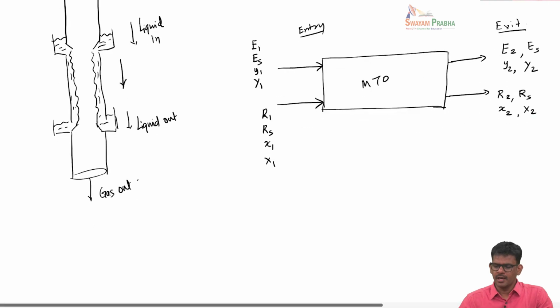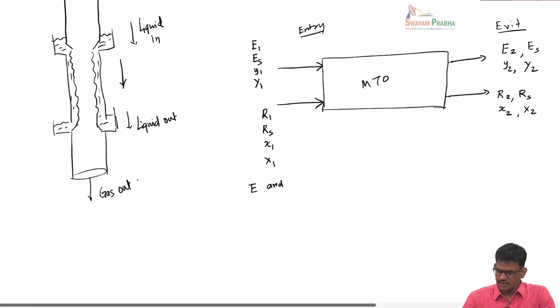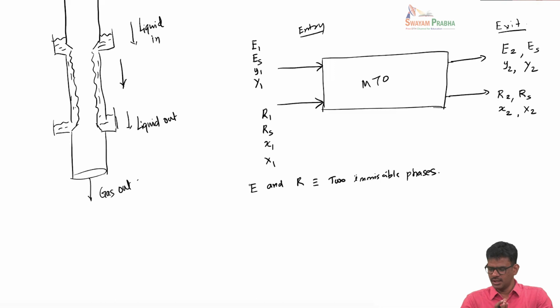So here, E and R are two immiscible phases. Instead of saying gas and liquid, I'm just saying E and R are two phases.